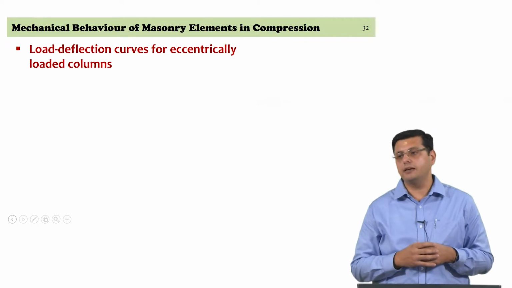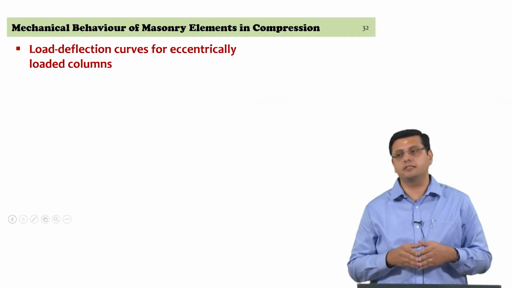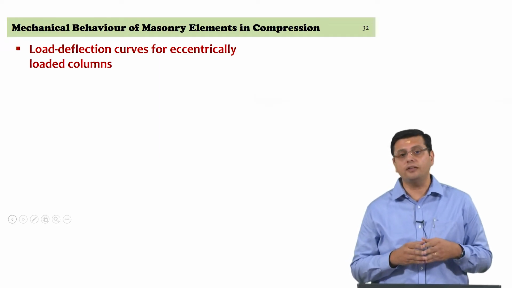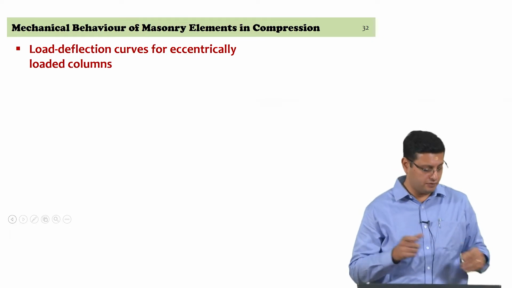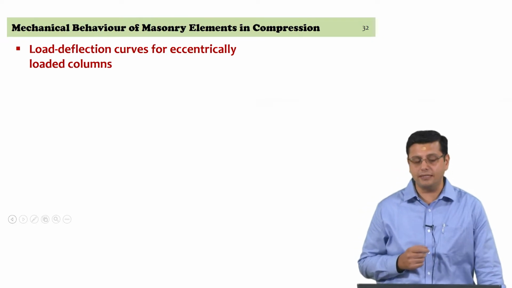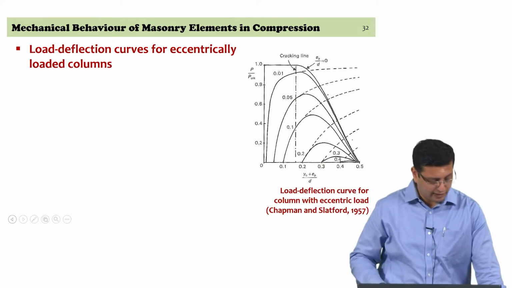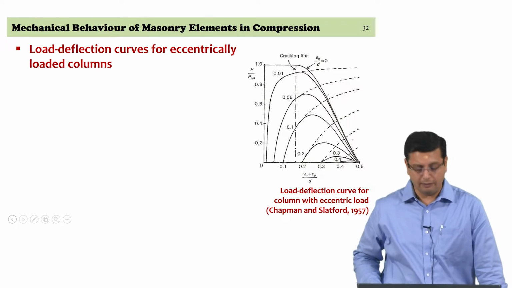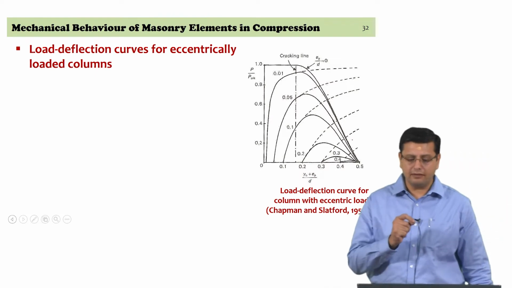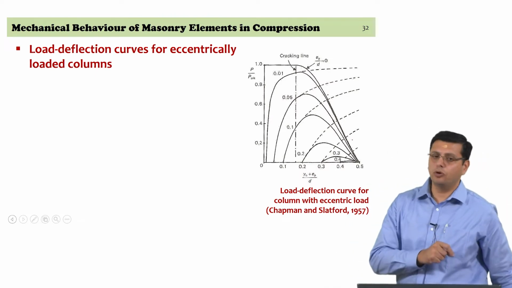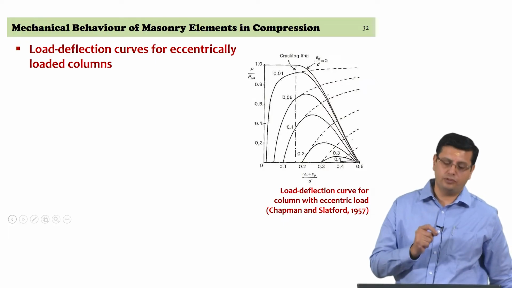So, we did see how the IS code 1905 looks at stress reduction factor as a function of the eccentricity ratio e by t, with t as the wall thickness, and h by t, and we saw those curves. And I did mention to you in the last lecture that we make our calculations for the adopted approach based on linear elastic analysis, linear elastic behavior of the material.